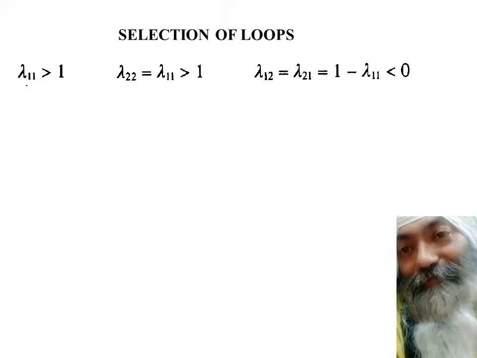Both of these lambda 1 2 and lambda 2 1 are to be subtracted from 1. So both of these values will be negative. Both of these two values being negative have a very serious implication as such. But still, we can somehow manage the situation if we are choosing the loops in a proper manner, because that's what we are all talking about, selection of the loops.